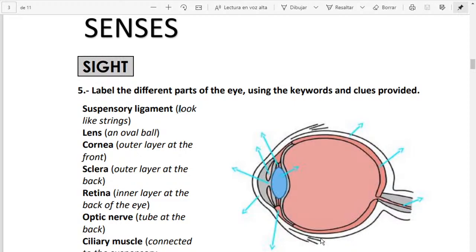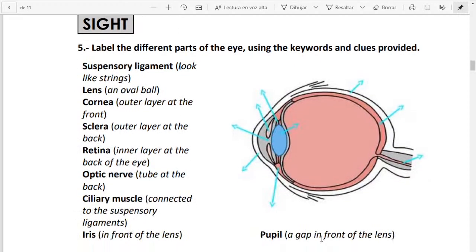So there are some things that could be difficult, but not so much. For example, we're going to label the suspensory ligament. This ligament looks like strings that are supporting the eye. In this case, it's supporting the lens.